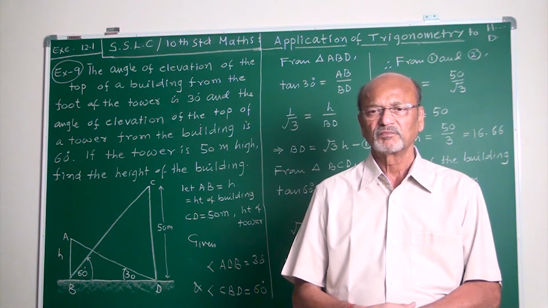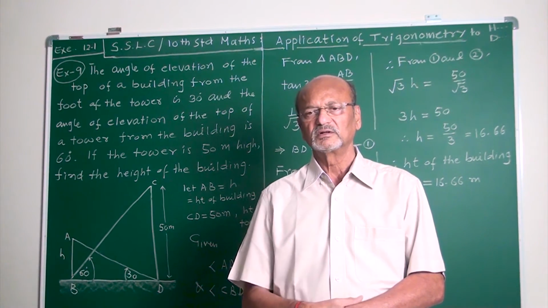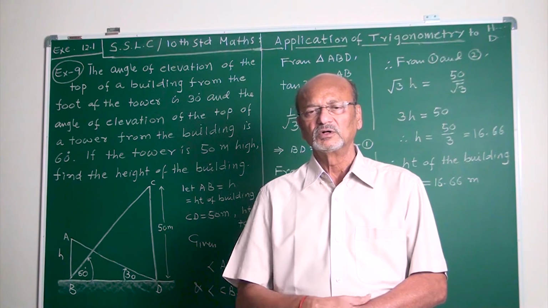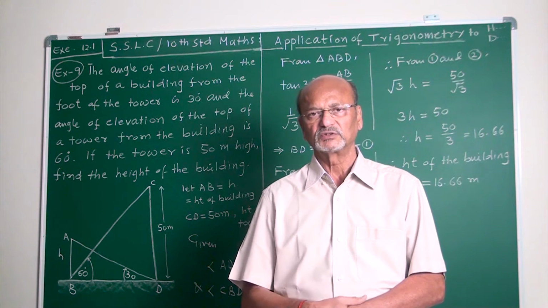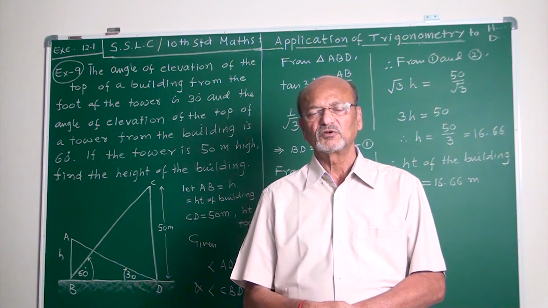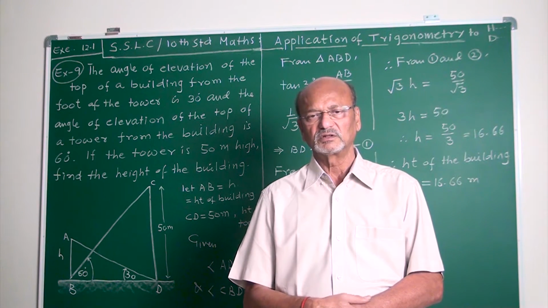My friends, we have started with applications of trigonometry, that too heights and distances of various objects. Already we know what is meant by angle of elevation and angle of depression.